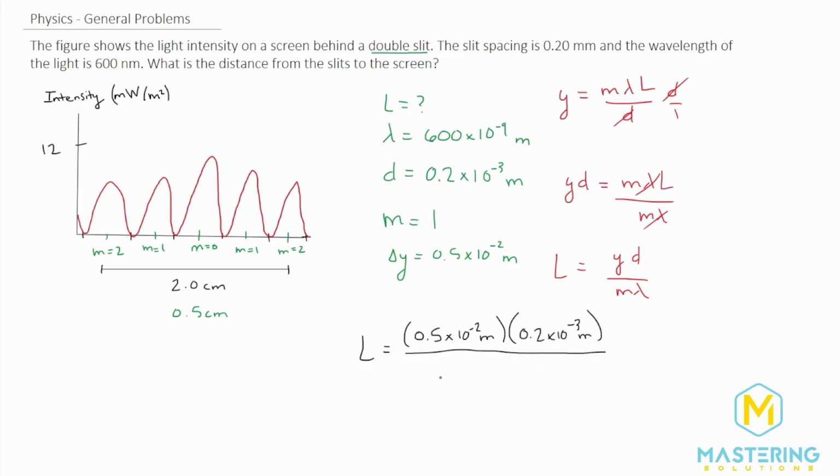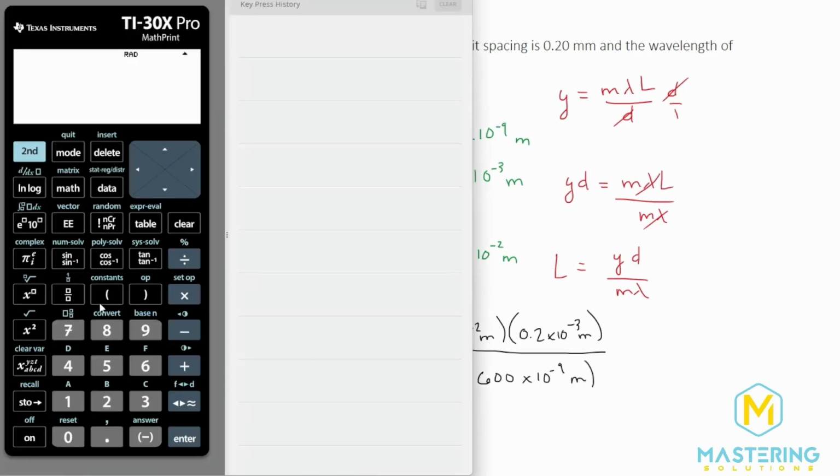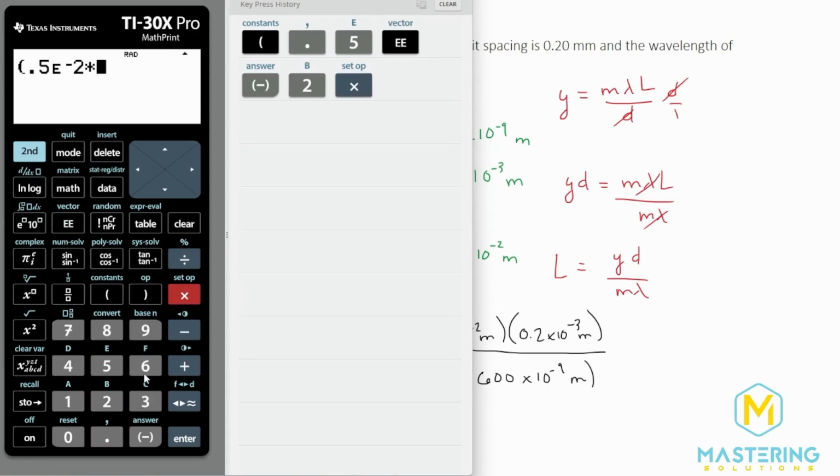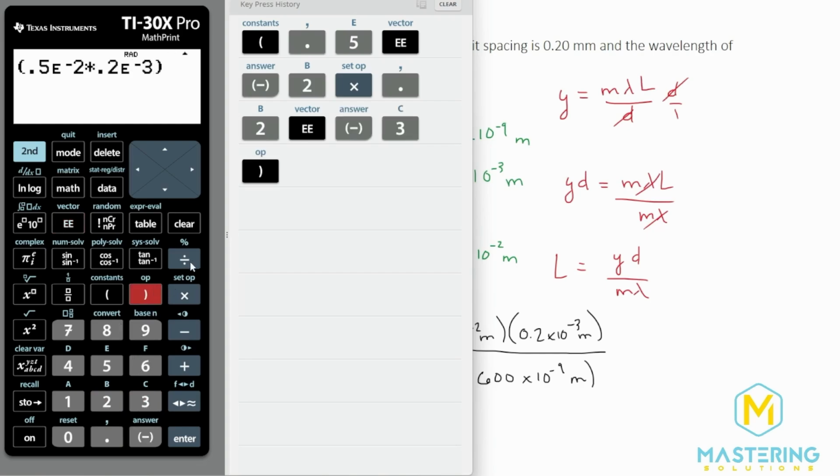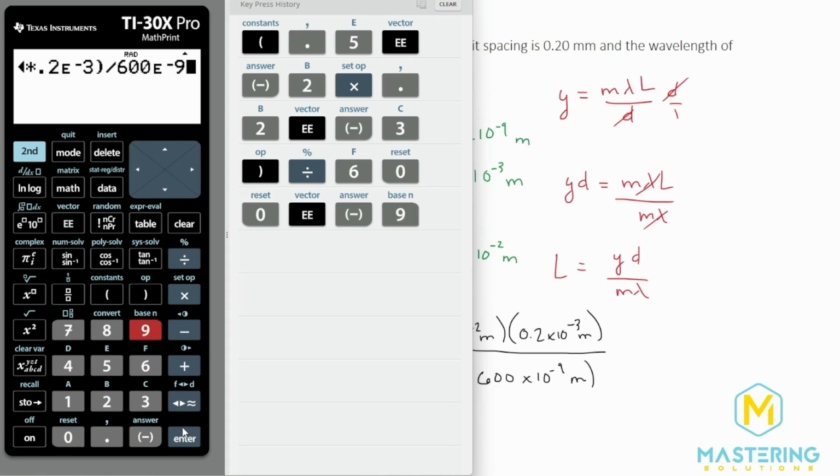All of that's over m lambda, and we're using m of 1, and lambda is 600 times 10 to the negative 9 meters. So we have 0.5 times 10 to the negative 2 times 0.2 times 10 to the negative 3, all divided by 1 times 600 times 10 to the negative 9.